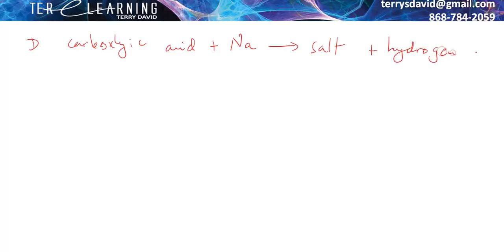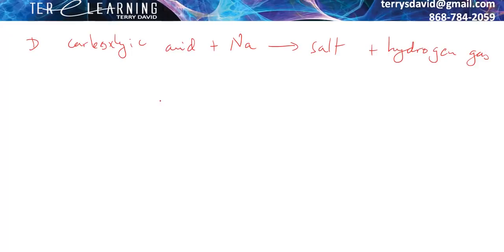So if we have a carboxylic acid plus a reactive metal like sodium, what you're going to get is a sodium salt plus hydrogen gas, right? That is what you're going to get.